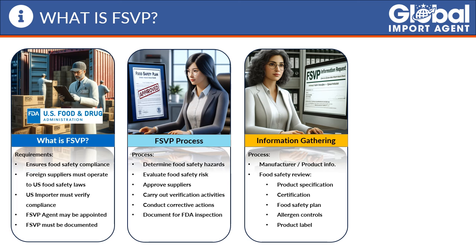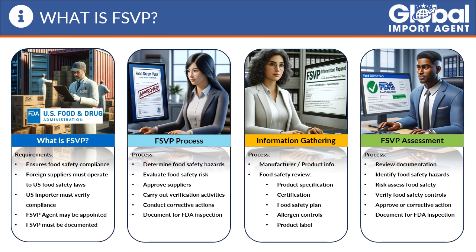The information then undergoes a rigorous food safety review by a PCQI, or a Preventive Controls Qualified Individual, and the manufacturer's food safety management systems, certification, allergen controls, and product label are all checked to ensure that they are in compliance with the US food safety rules under FSVP.